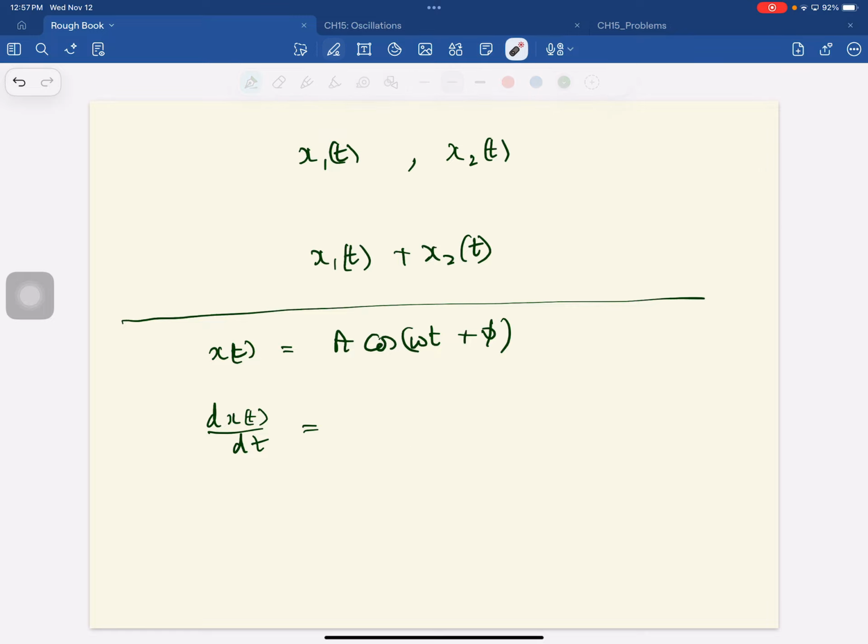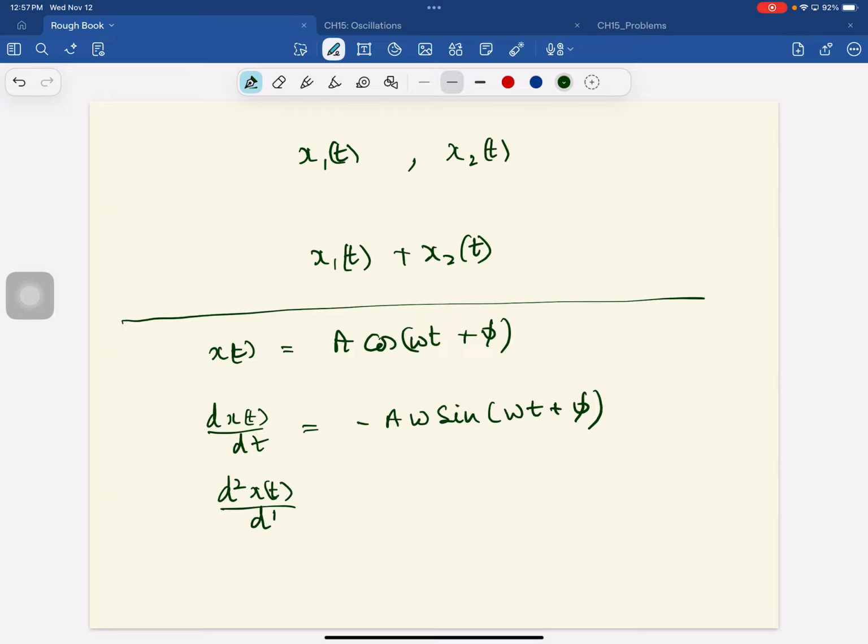And then by chain rule, you'll get an omega from there. So minus A omega sine(omega t plus phi). And then take a second derivative. Derivative of sine is cosine, and from the chain rule again, you'll get another omega. So you get minus A omega squared cosine(omega t plus phi).